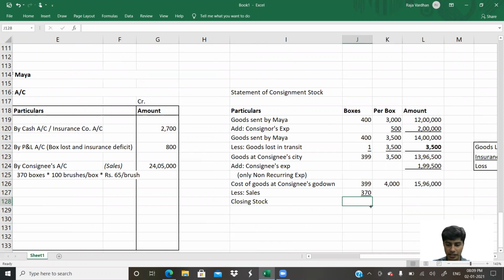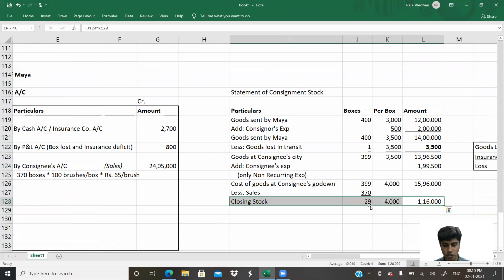What will be the units lying? 399 units are received by the consignee, out of which 370 are sold. So 399 minus 370 gives us 29. What is the value of each of it? Each of it is worth 4,000. So what exactly is the value of the closing stock? 29 multiplied by 4,000. 1,16,000 rupees is the value of the stock lying with the consignee.